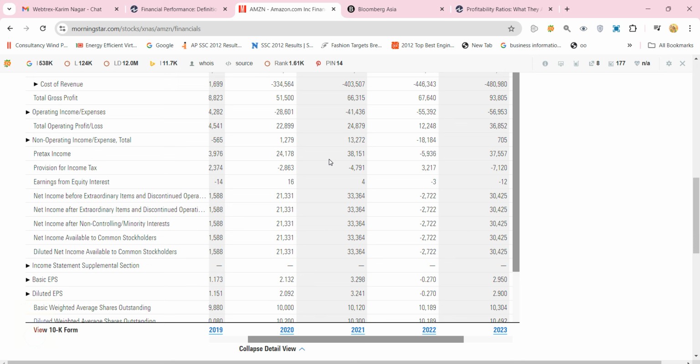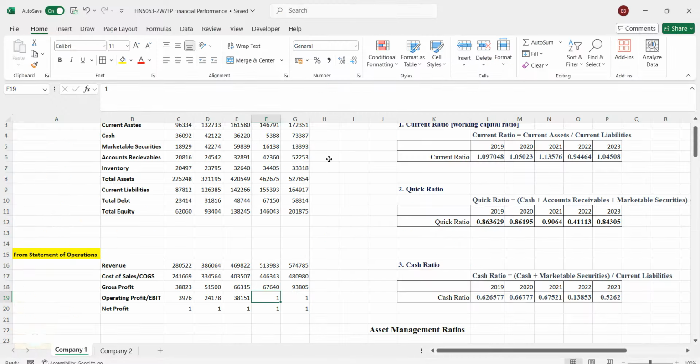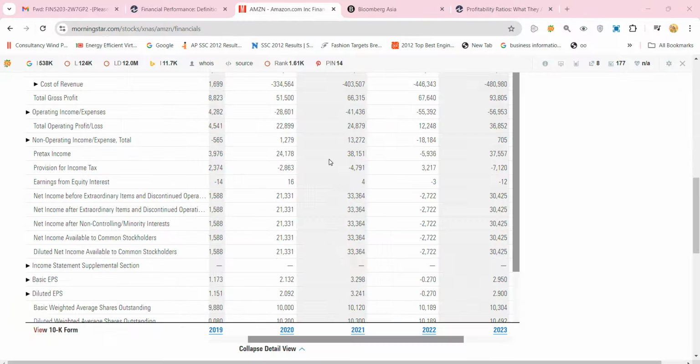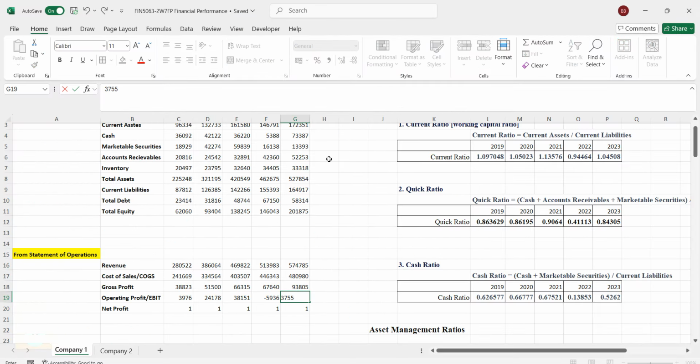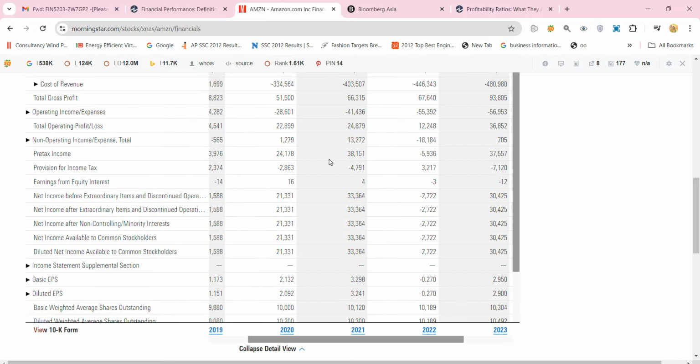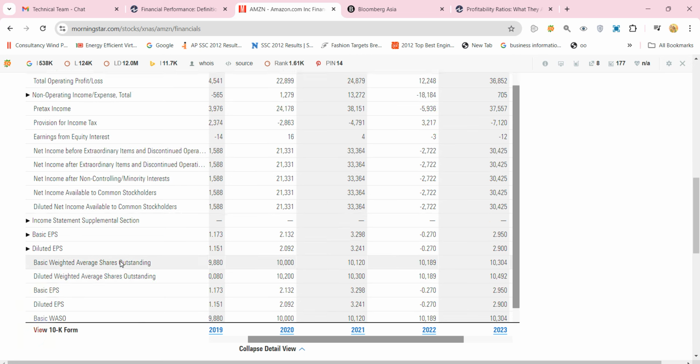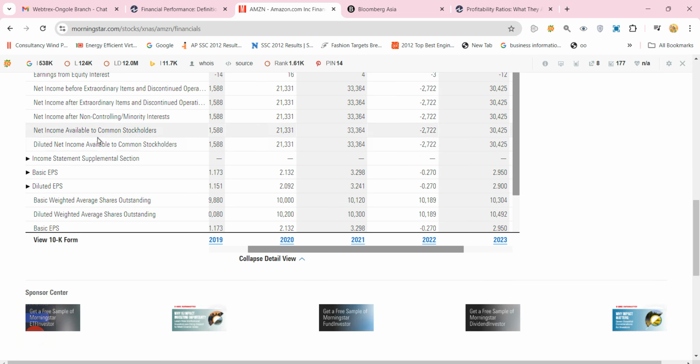Next it is minus 5936, and next it is 37,557. So here you check, if the value is negative, we straight away took it as negative. Make sure you take it as it is for profit. Net profit is also similarly taken. You are supposed to take it the way it is.